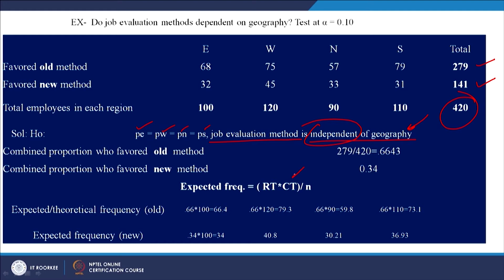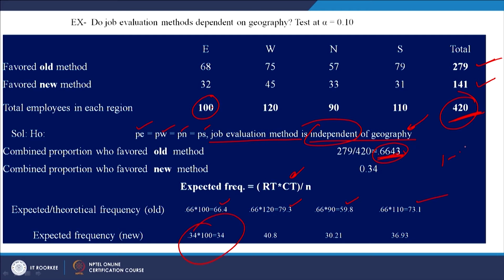So, expected frequencies again are row total into column total divided by 420. Or you can have expected frequencies in this manner as well. You just calculate the overall proportion first of all. So, 0.66 multiplied by 100 is this, 0.66 multiplied by 120 is this, 0.66 multiplied by 90 is this, 0.66 multiplied by 110 is this. And how to get this one?